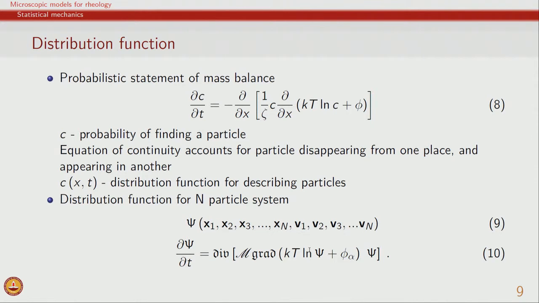So, we will only deal with a simpler case, and in the next few sets of lectures, what we will see is how we simplify, using this equation, the overall response of a microscopic system which is describing a polymer system.